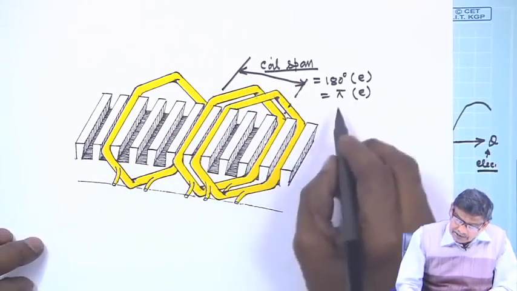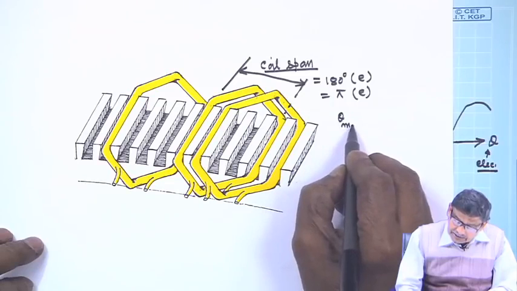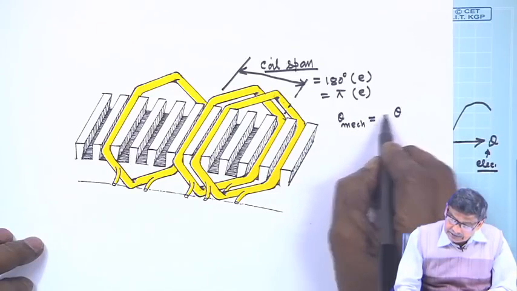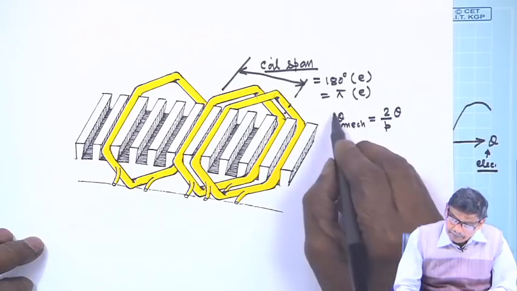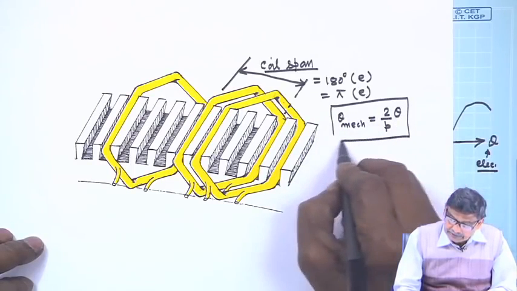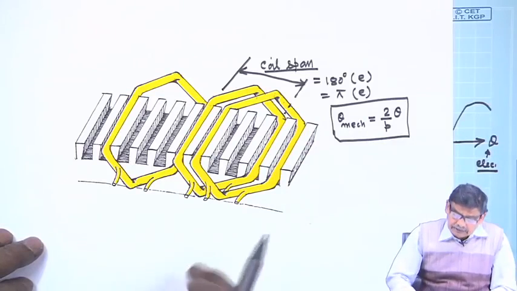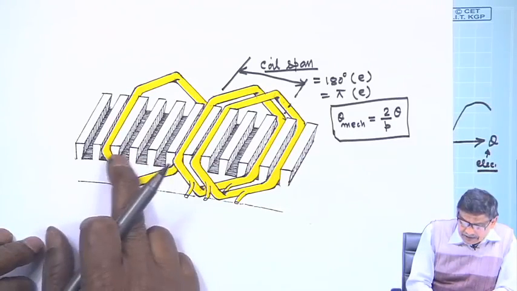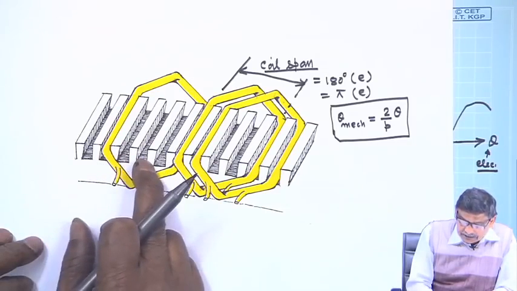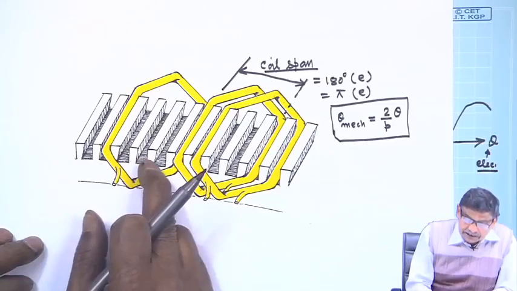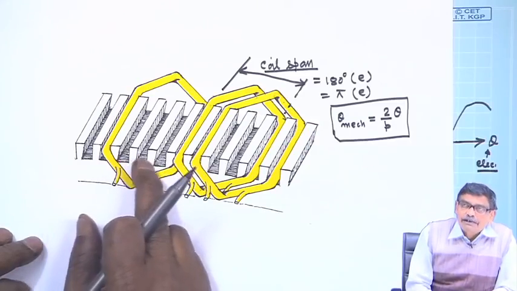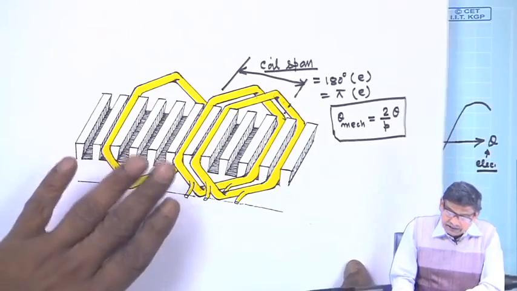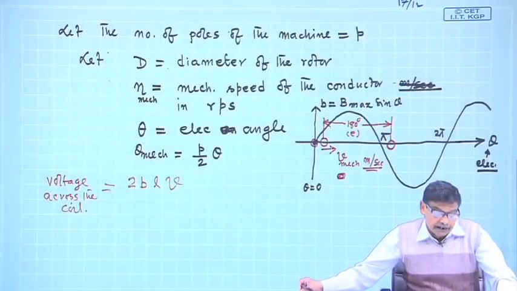The mechanical angle, theta mechanical, should be theta electrical into 2 by P. That is, if you traverse a certain angle in mechanical terms, 30 degree, and it is a 4 pole machine, it means that you have moved by 60 degree electrical. Okay, so this picture you keep in your mind.